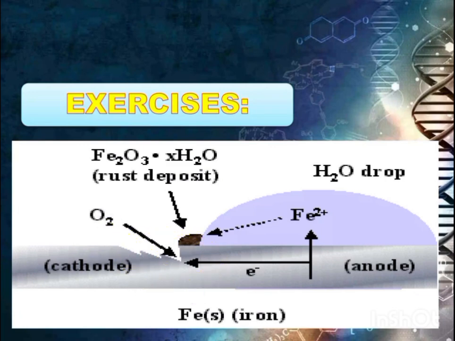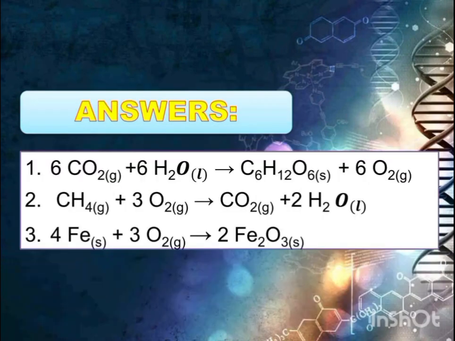Oxygen is entering, and this portion shows the moisture content or the water drops, and it results in the formation of rust. And this is the formula of rust: Fe2O3.xH2O. These are the ferrous ions, Fe plus 2 ions. Now you have to describe this reaction or this picture in the form of a chemical equation.